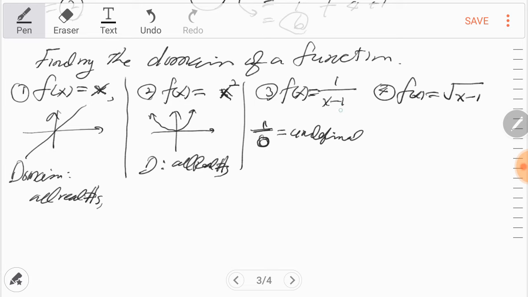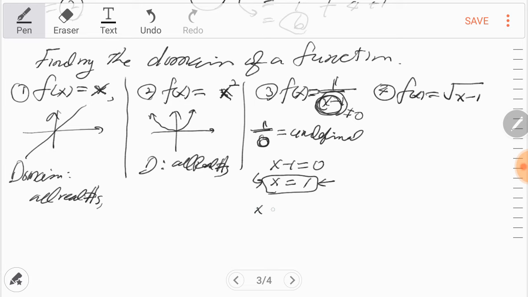The restriction is that the denominator cannot be 0. x can be any real number except those x values that make the denominator 0. If you set the denominator equal to 0, then x will be 1. So if x equals 1, then the denominator becomes 0, and the fraction is undefined. So this is a restricted value. x can be all real numbers except x equals 1.